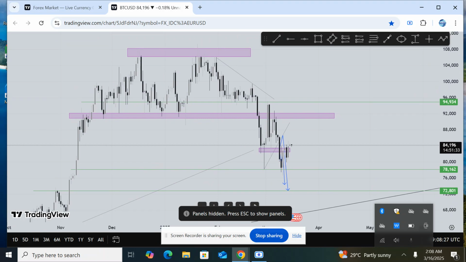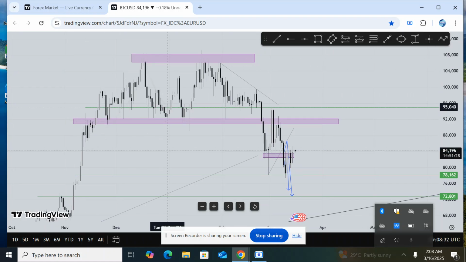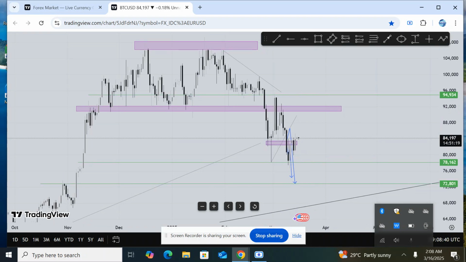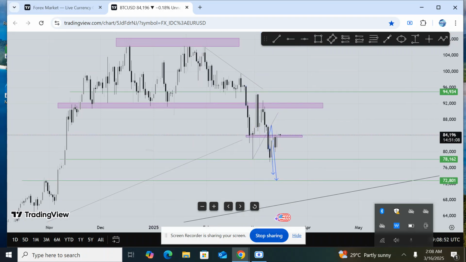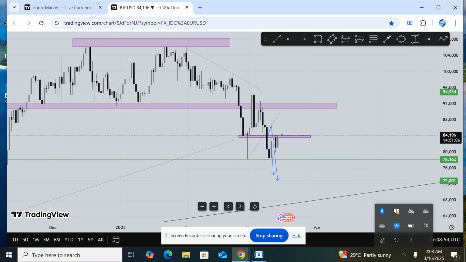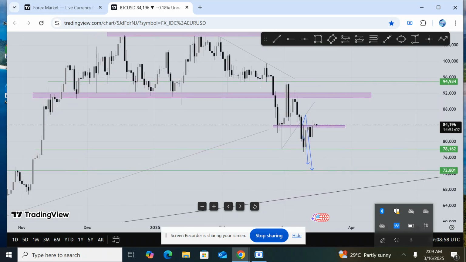So BTC, guys, our last week prediction: I spoke about this chart pattern that has formed, the double top, and the market breaking down below the pullback and into the neckline, collapsing down. For BTC, I still feel that we are still very much bearish.